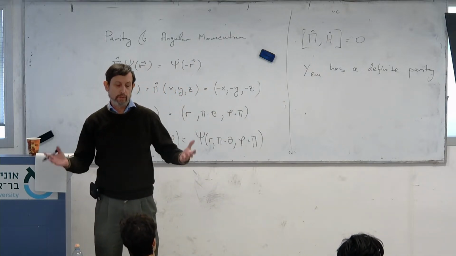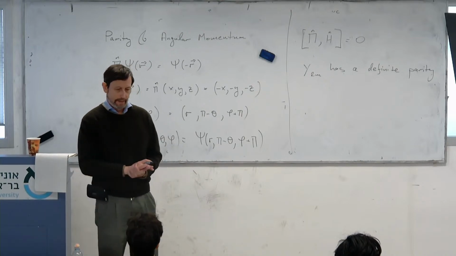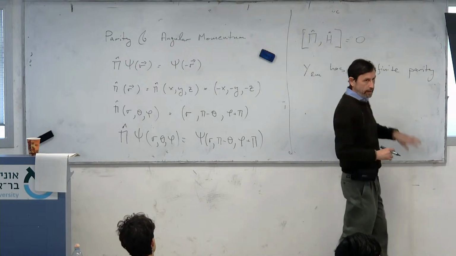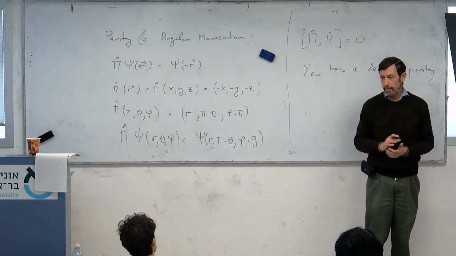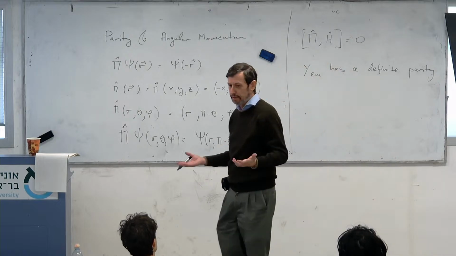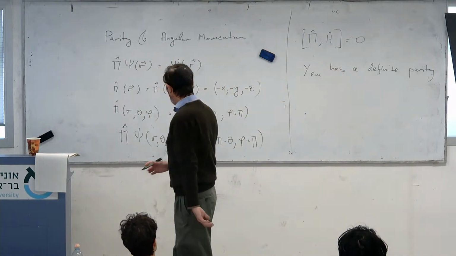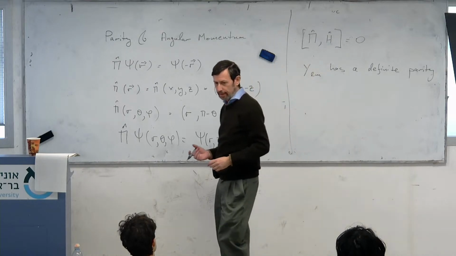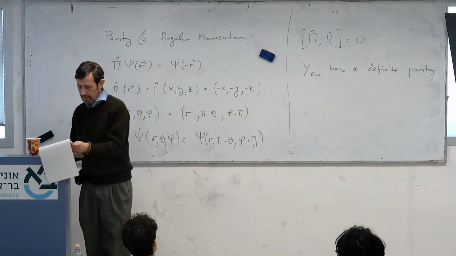Why? Because we can construct a set of eigenfunctions which are eigenfunctions of pi and h, both of them, and eigenfunctions of pi have a definite parity. So if I have a specific YLN, what is its parity? Let's see.